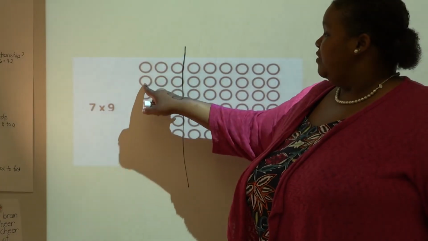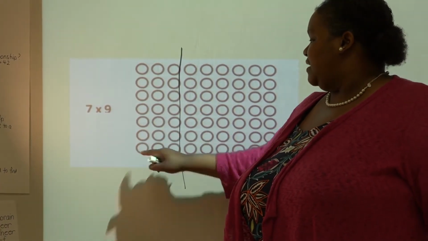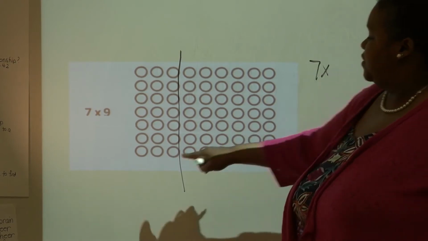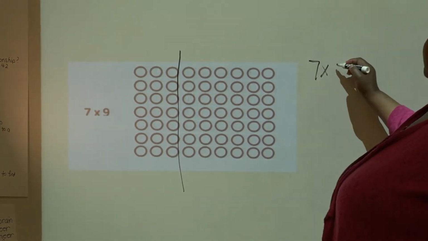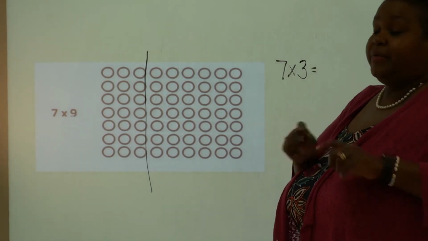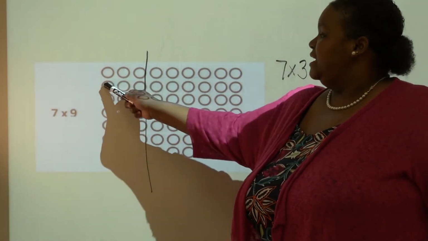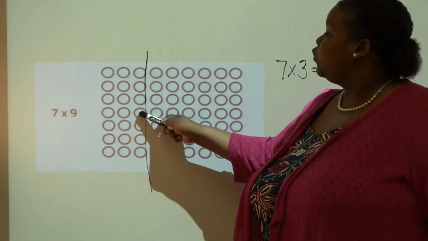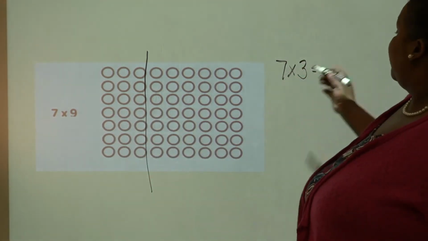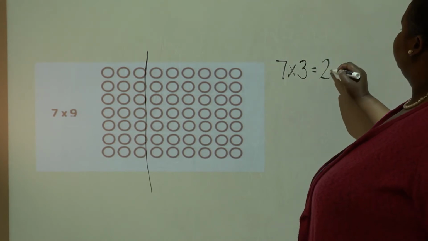Let's check it. 1, 2, 3, 4, 5, 6, 7. So the first one shows 7 times 3. I know how to skip count by 3: 3, 6, 9, 12, 15, 18, 21. 7 times 3 equals 21.